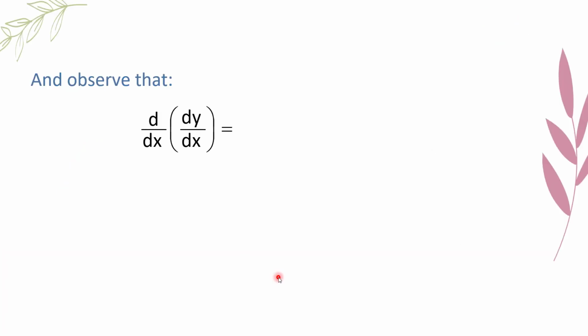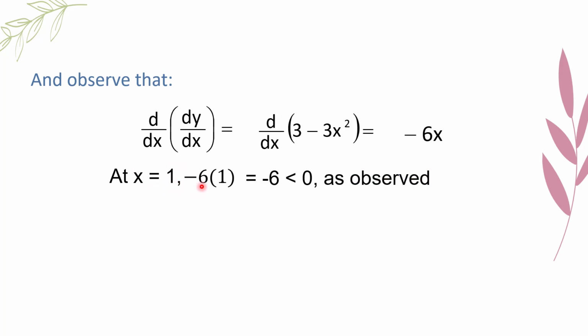So we can conclude here using calculation. If we differentiate 3 minus 3x squared, the function becomes minus 6x. And if we substitute x equals 1 at the stationary point, minus 6 times 1 equals minus 6, and it is less than 0 as observed.